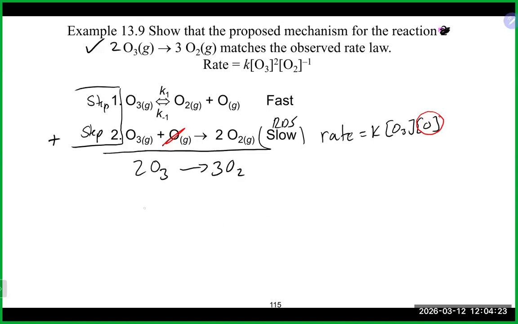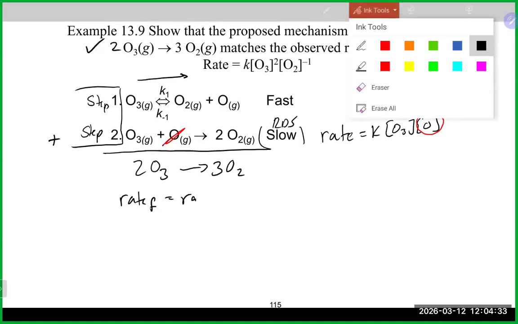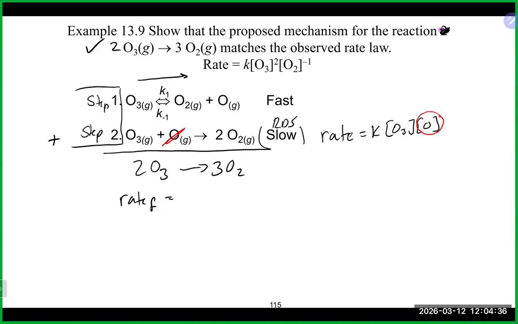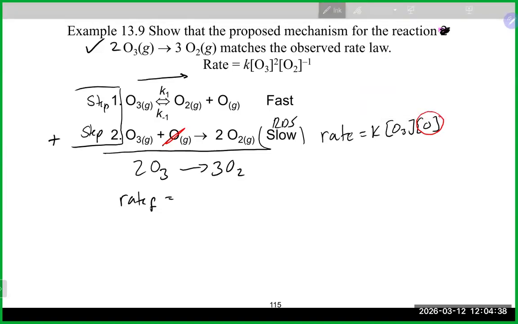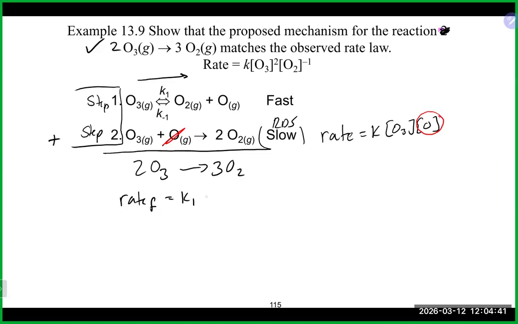We can write the rate law for the forward direction, and that would be the rate is equal to k1 times O3. We could also write it in the reverse direction, and the rate in the reverse direction would equal k to the minus 1, O2 and O. Questions on that so far?